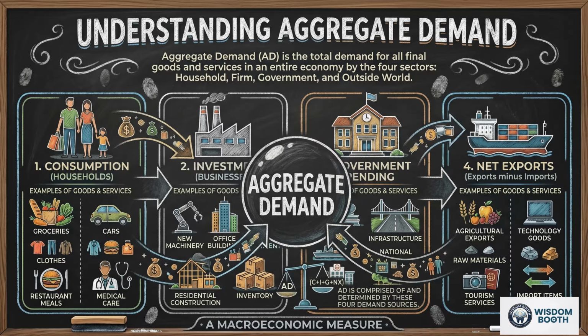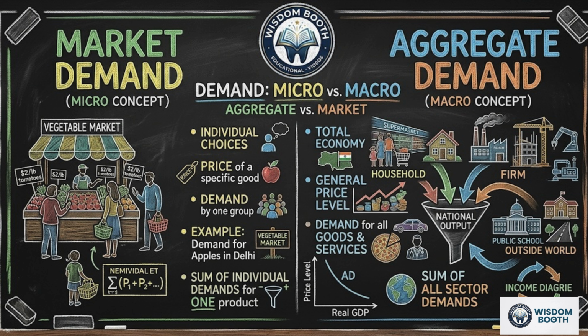Now, before we go any further, we absolutely have to clear up a classic test trap. Be extremely careful not to confuse aggregate demand, which, remember, represents the entire economy's total demand for all goods and services, with market demand. Market demand, that's a microeconomic concept.